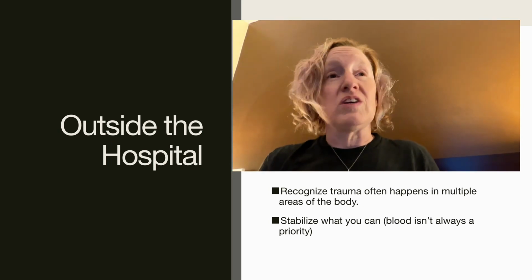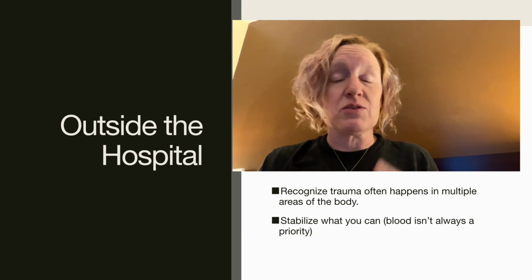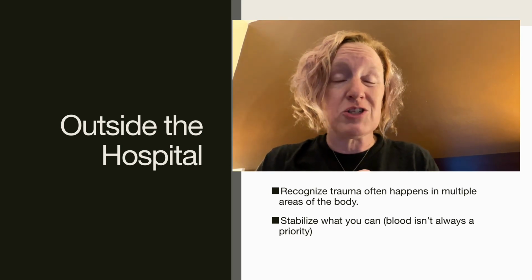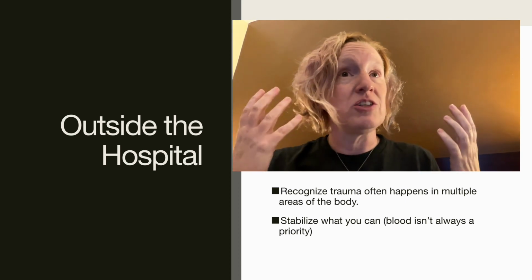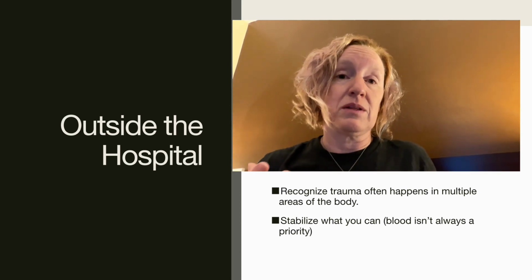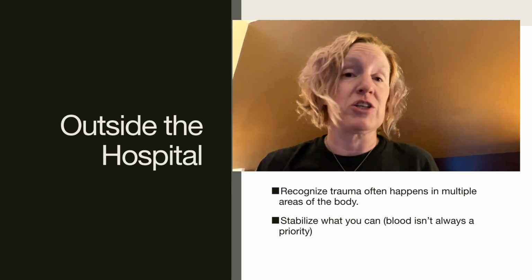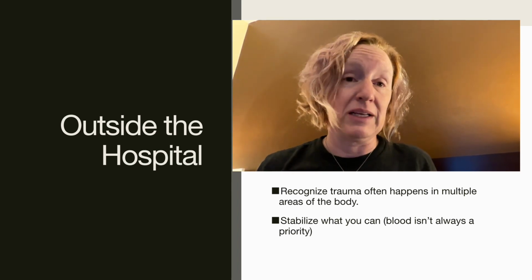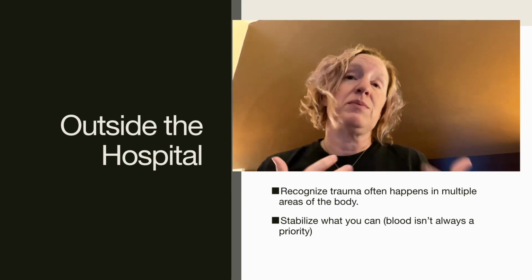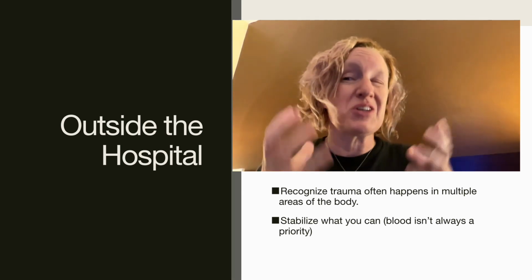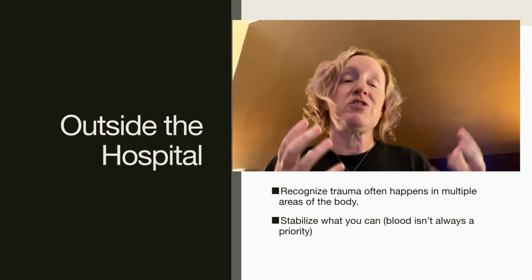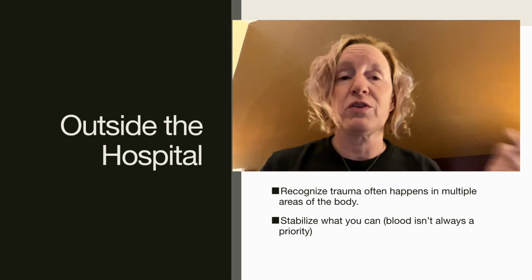Every once in a while we'll see a spleen laceration or a liver laceration, and those can switch you from being worried about the head injury to being worried about a hypovolemic or hemorrhagic shock because they're bleeding into their belly. So that can be really challenging as you're working with patients. Even though we're talking about head trauma, just understand that oftentimes there's more things going on.